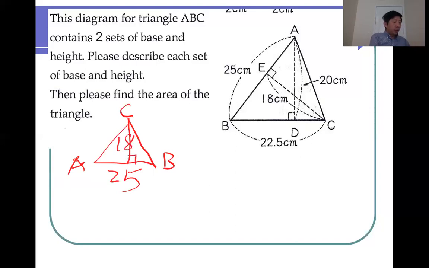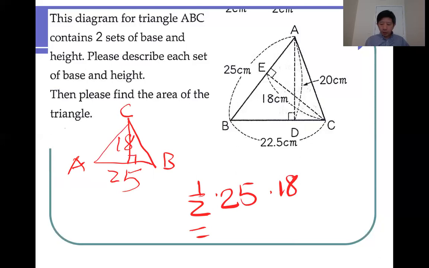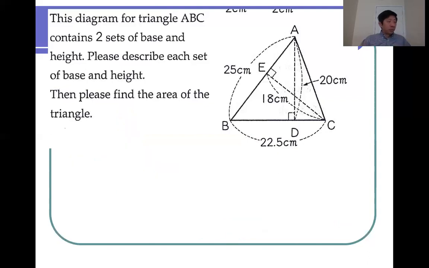So we have 1/2 base times the height, which is equal to 225 centimeter square, right? Next problem.